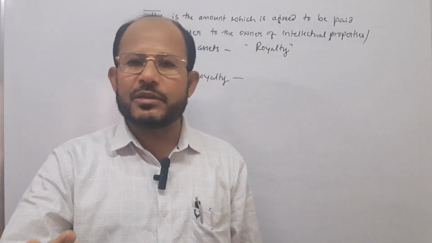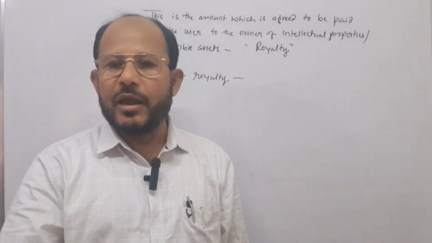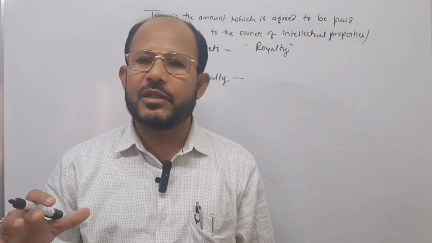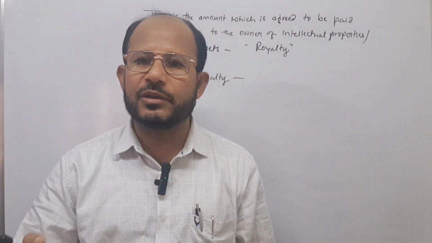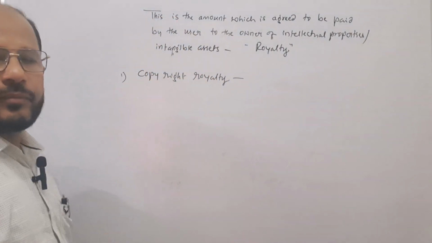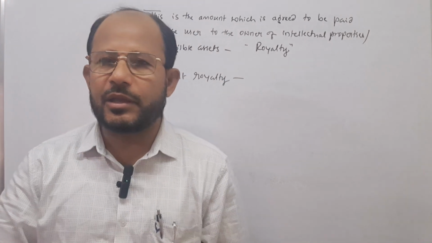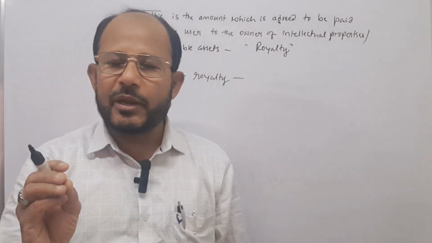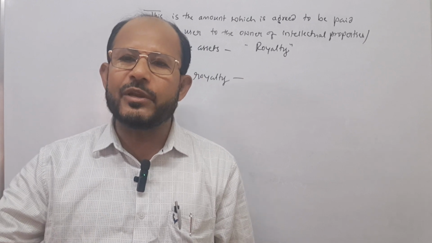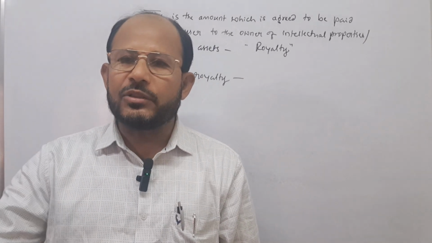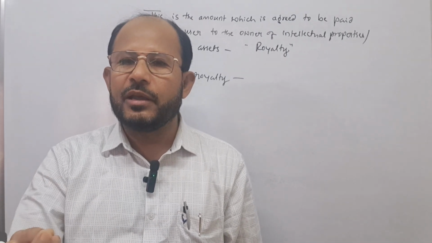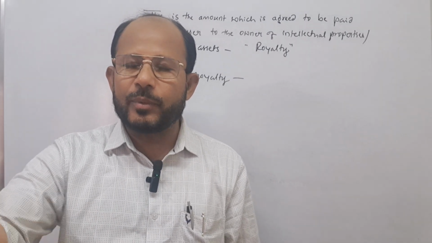Here the publisher is also going to make income, and the author is also going to get a certain sum of money in the form of income. That is called royalty. This is called copyright royalty. But here one important thing you have to remember: once the copyright is given to a particular publisher, other publishers can't publish that book unless the author permits. Here the author is authorizing a particular publisher to publish his book.